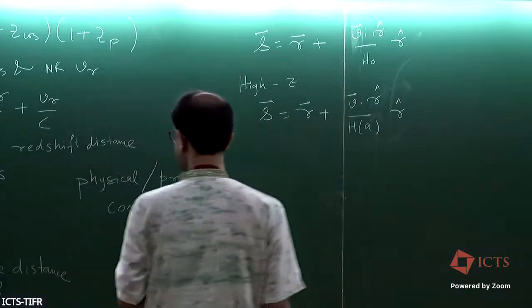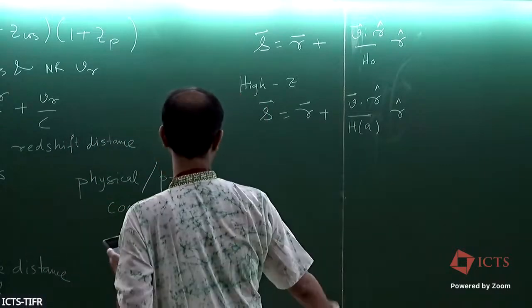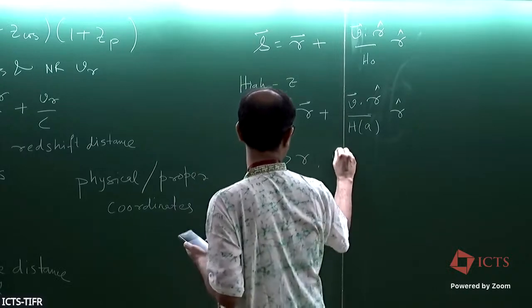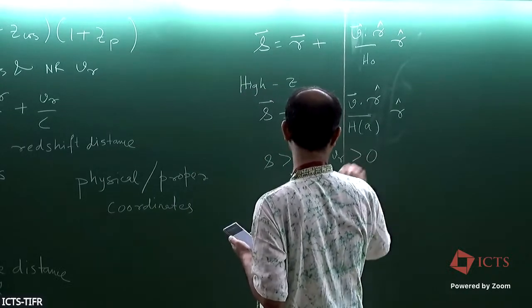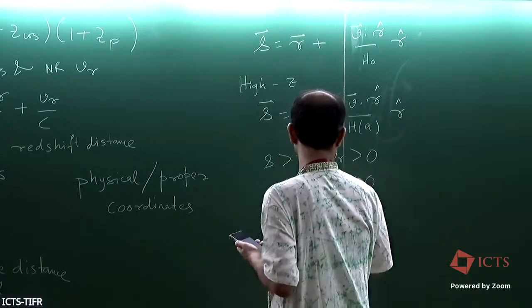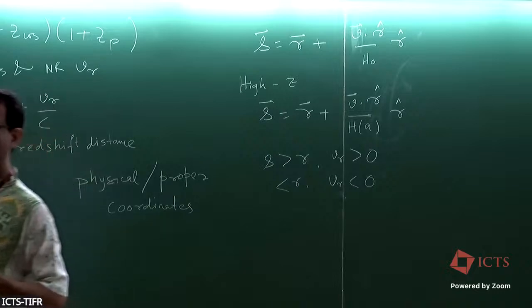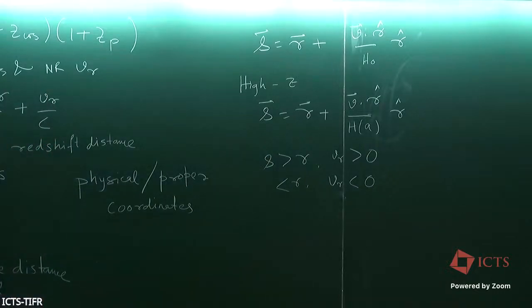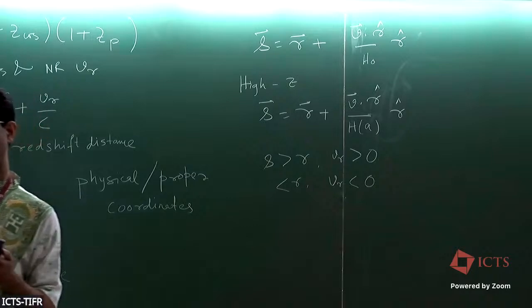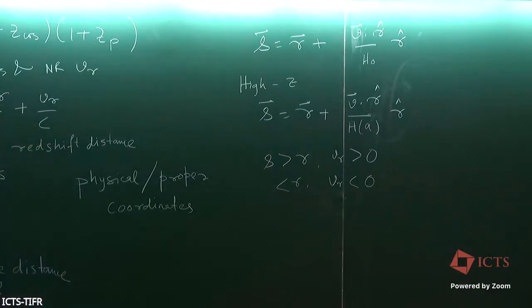One thing is clear from there, that S is greater than R when V_R is greater than 0, and vice versa. So if the peculiar velocity is away from us, then you will infer a larger distance, whereas if the peculiar velocity is towards us, you will infer a smaller distance than the real one.